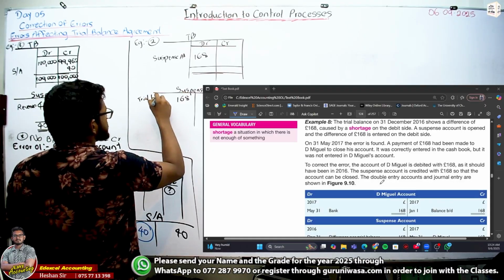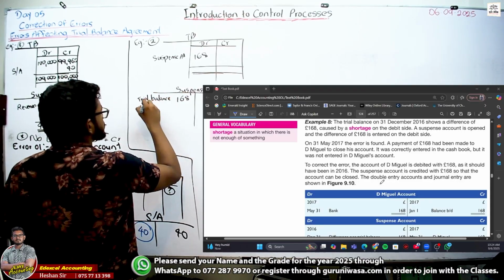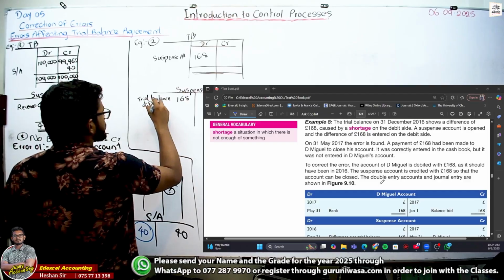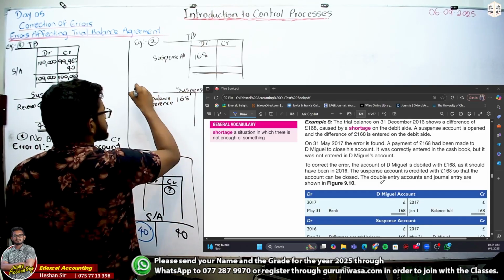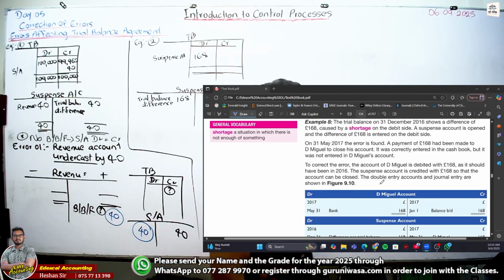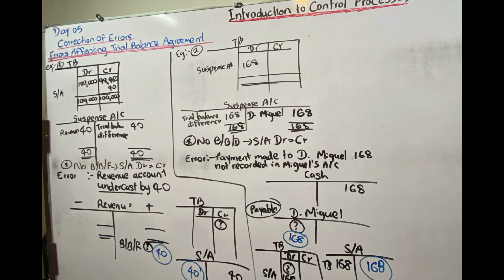Trial balance, on 31st May 2070, the following errors were found. You can see the error. A payment of 168 has been made to D Mitchell to close his account.